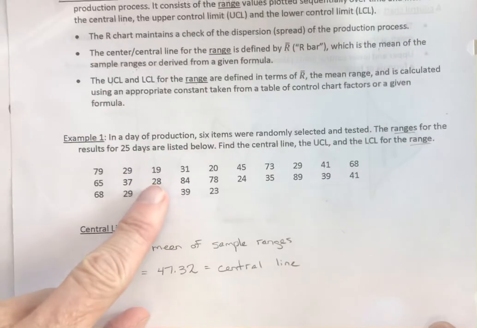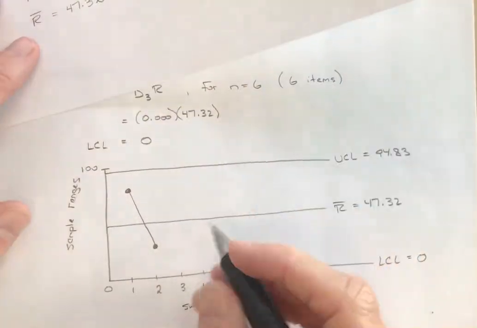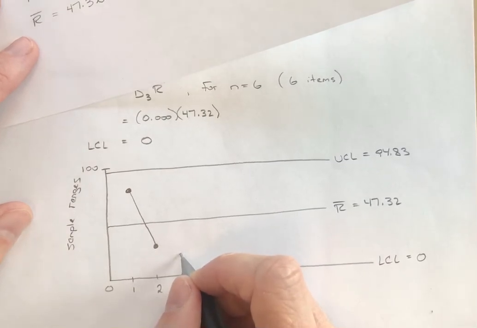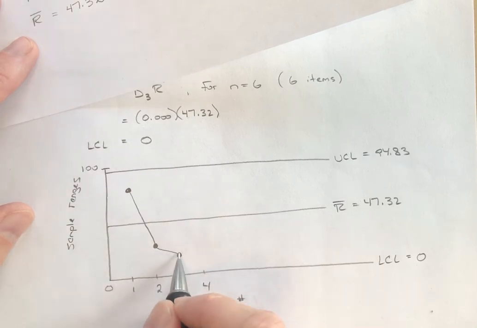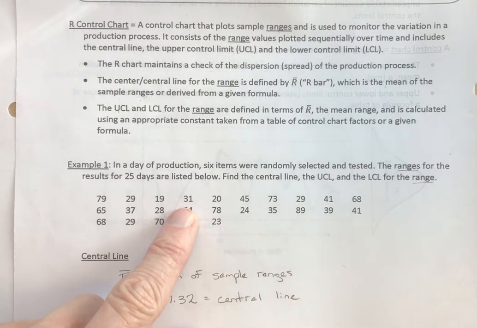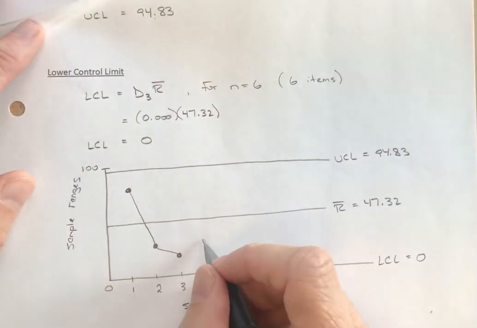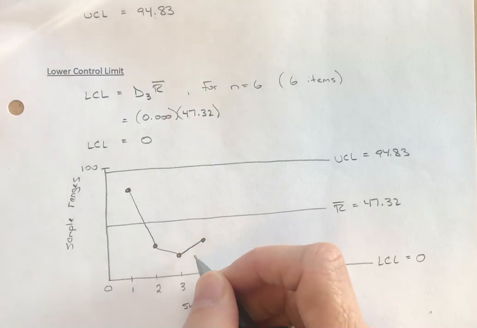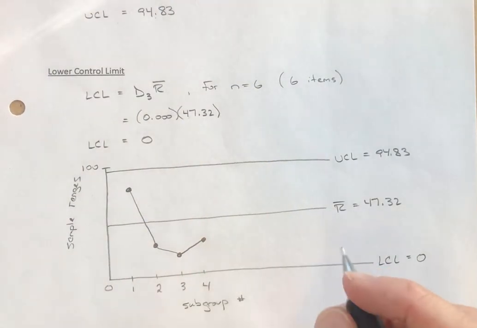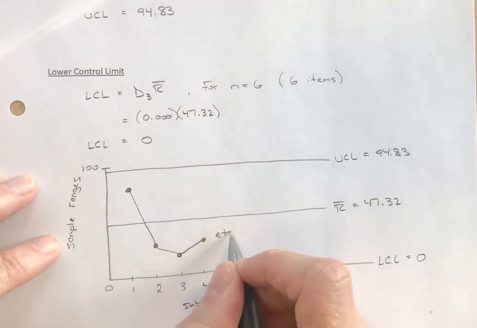Number 3 is 19. Well, 19 is obviously below 29. So we'll put that to here. Number 4 was 31. That's just above 29. And you get the idea. Here is your R control chart, and we could say etc.